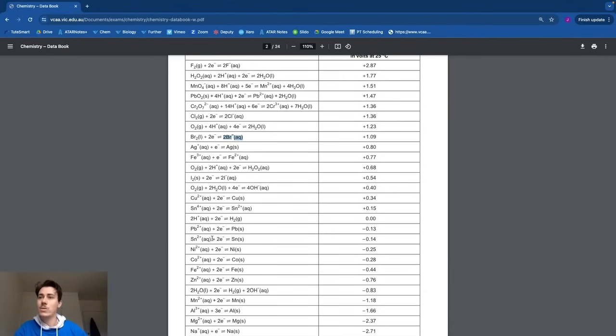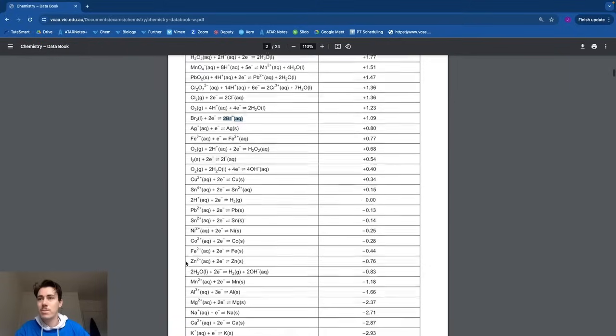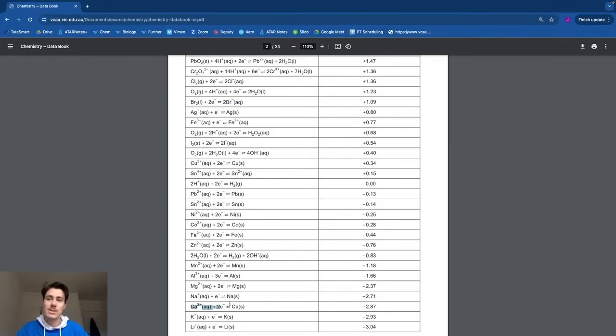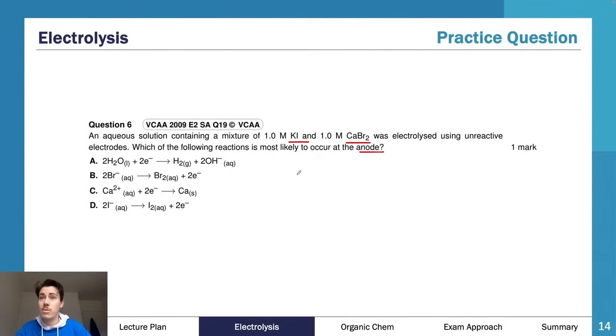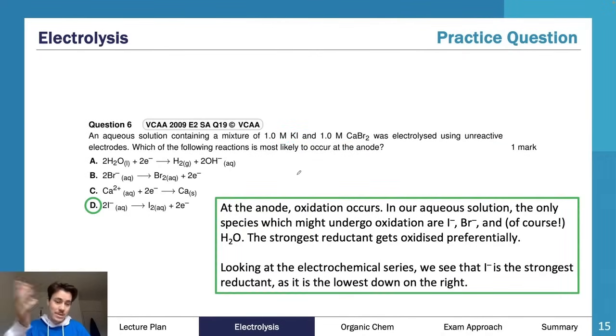And Ca2+ I believe will be on the left side. Oh, it's on the left side. So these two cannot go through oxidation. These two can. So this and this. Which of these is the strongest reductant? It's this one here. This is the strongest reductant, therefore it's going to go through oxidation. Therefore, my answer here is going to be D. As you can see there, the answer is up on the screen. The answer here is D. So really important that that's how you approach these questions.